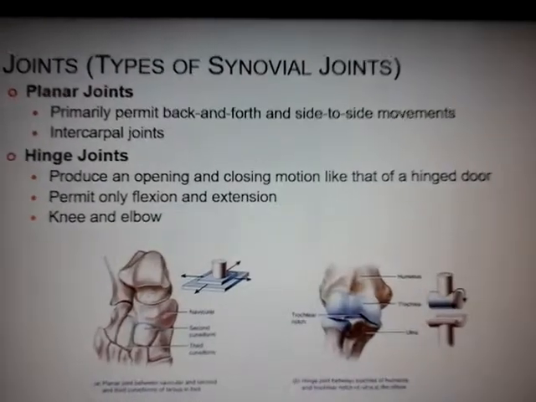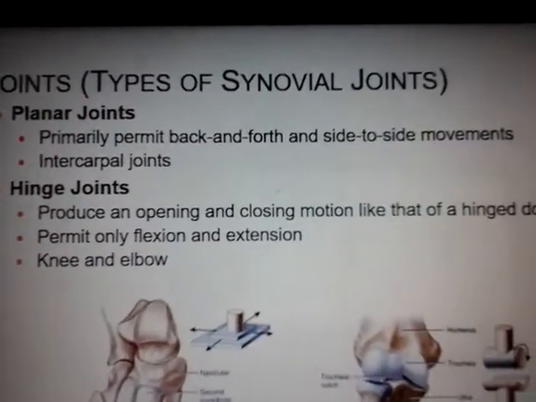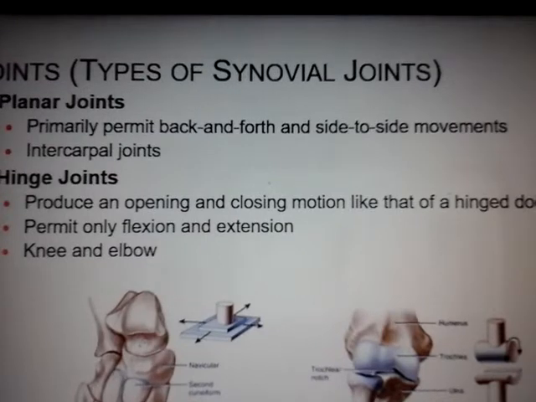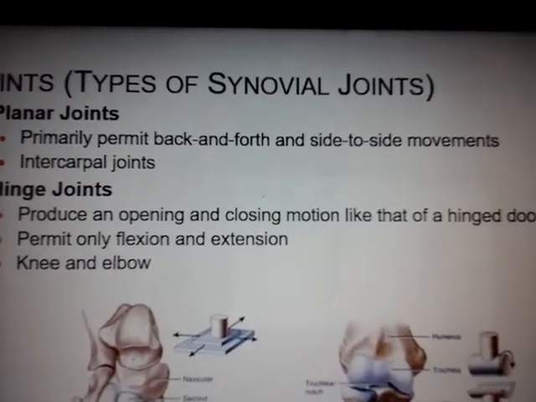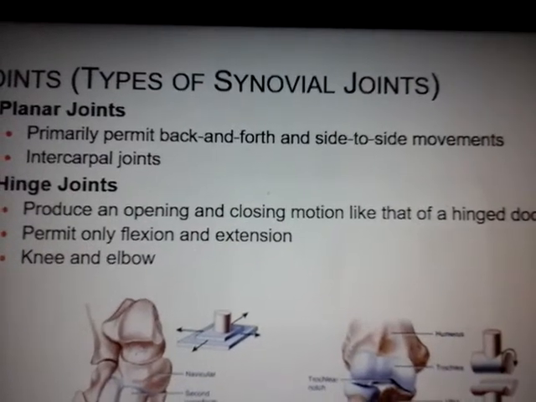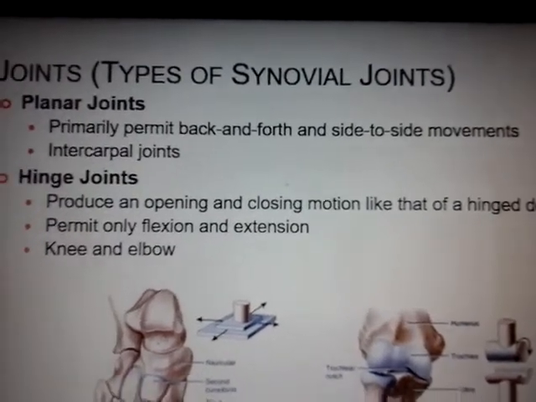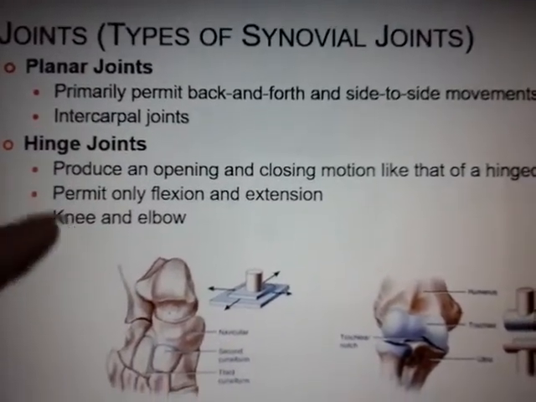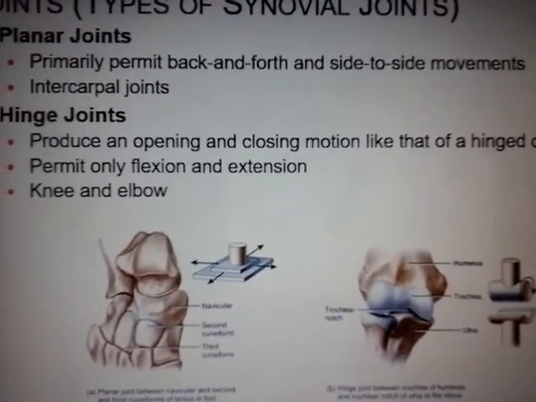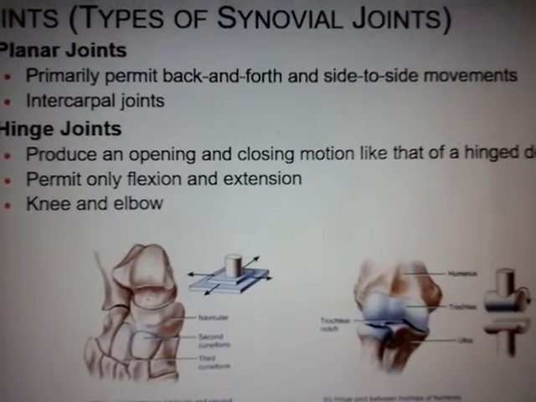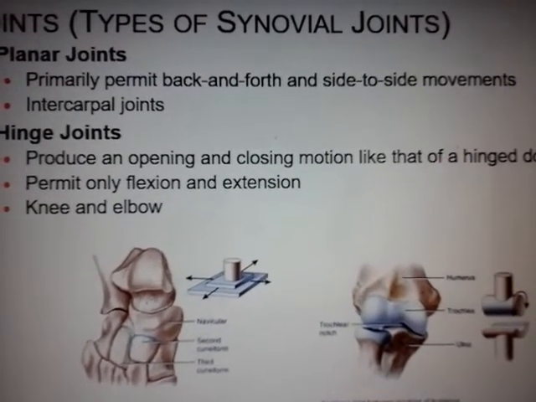In the case of a planar joint, this will permit back and forth, side to side. And so again, that's that intercarpal joint. That's the fact that your wrist can go back and forth and side to side, like I showed you earlier. Hinge joints are the ones that you're familiar with, like the hinge of a door. This is your knee and elbow. It does flexion and extension.